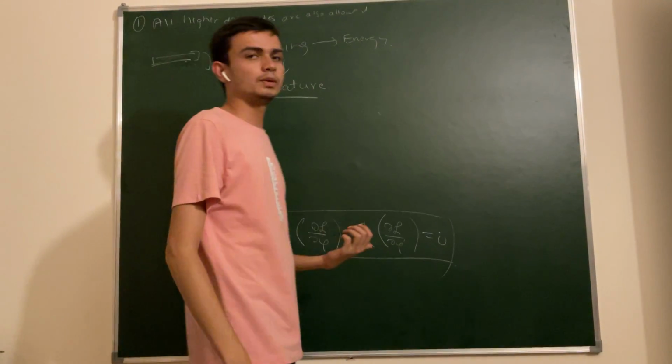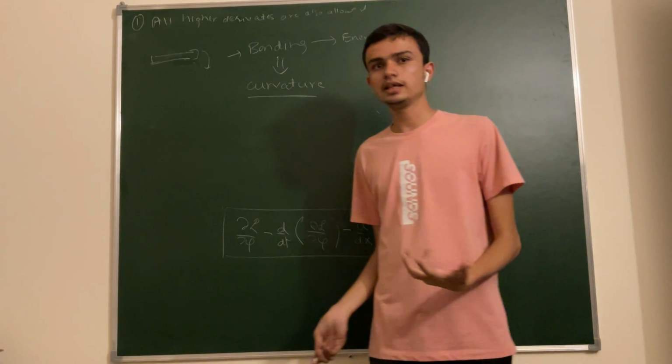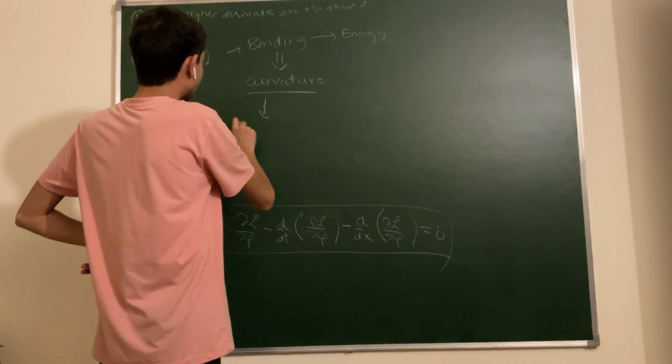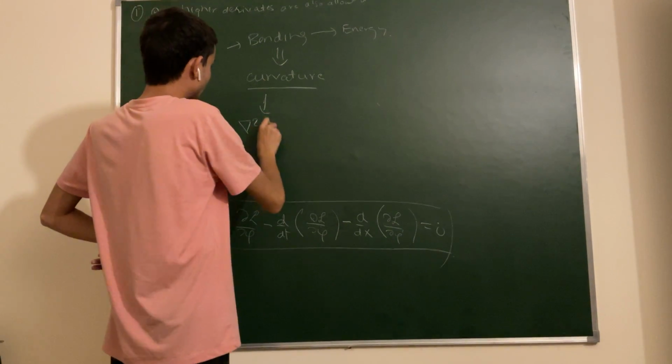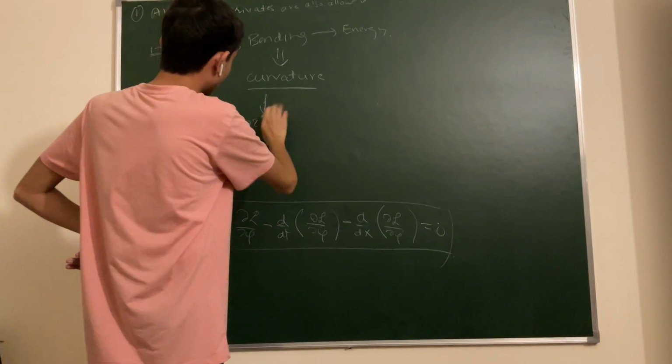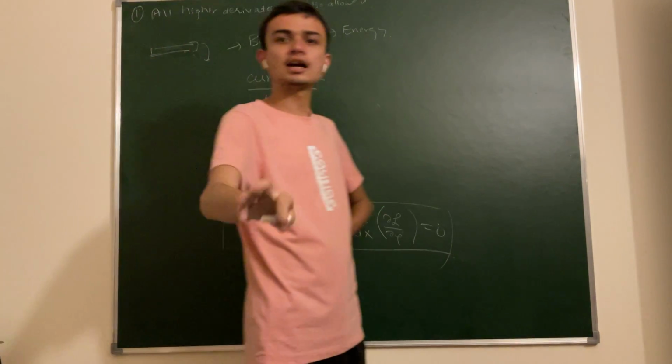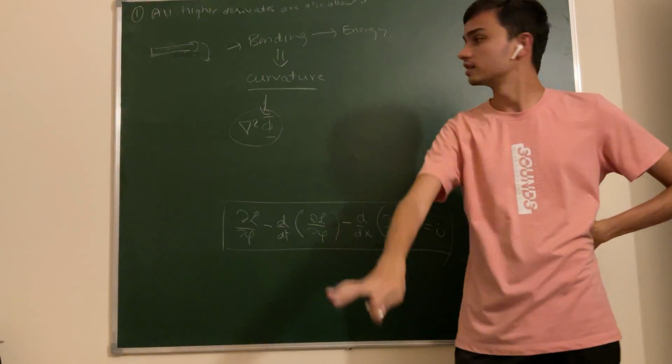For all those people who know a little bit of differential geometry, they know that curvature is nothing but a second derivative. If you talk about some surface phi, then its second derivative gives you the idea about the curvature of that surface.